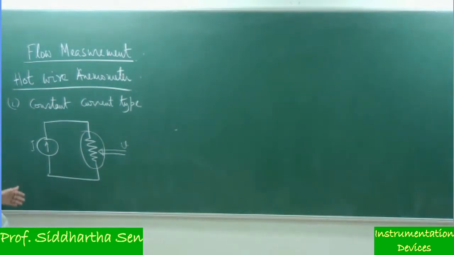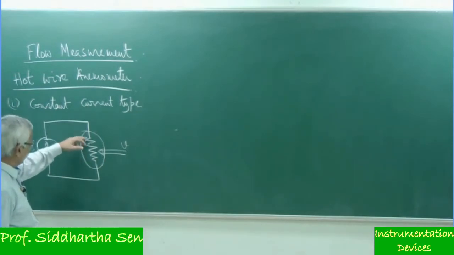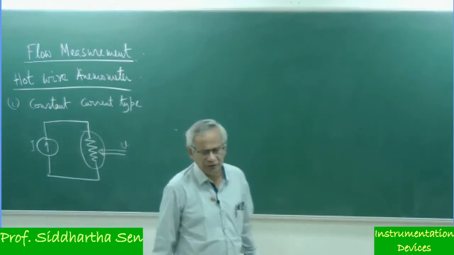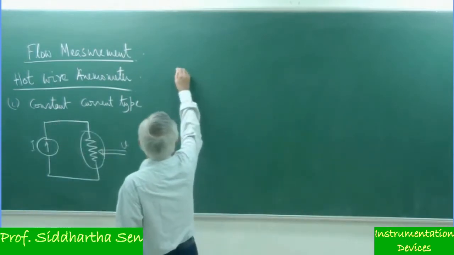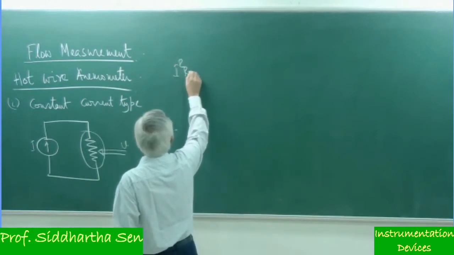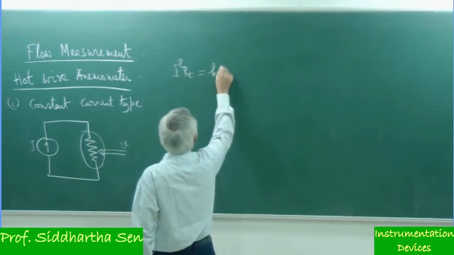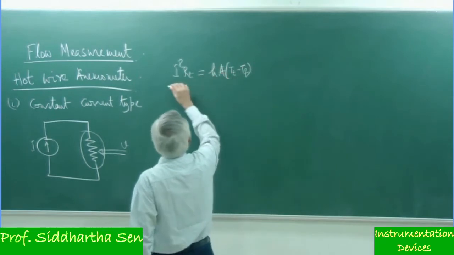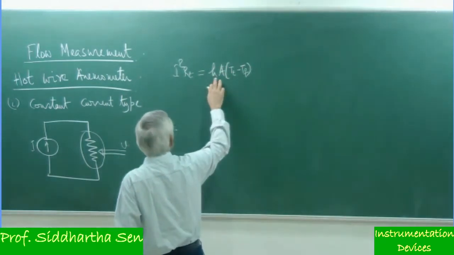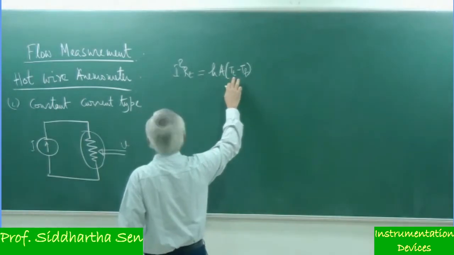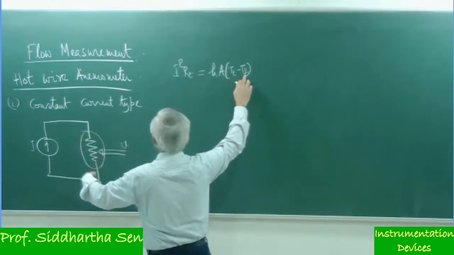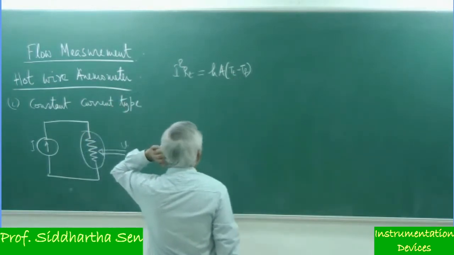As the current is passing through it, there would be some heat generation, and at the same time there would be some heat dissipation. If we recall, in the steady state condition, I squared R_T is equal to h into A into (T_T minus T_F), where this is the heat generation, this is the heat transfer coefficient, this is the area, the temperature of the filament, that is the wire, and the temperature of the surroundings, that is the fluid.